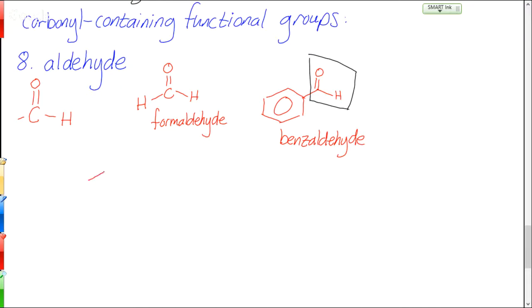So things like this one here, which has an aldehyde and an alkene in it.